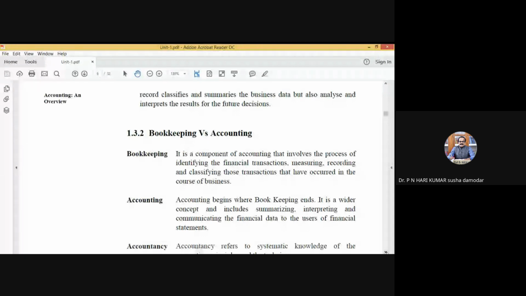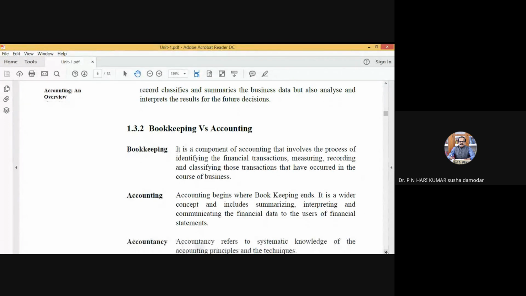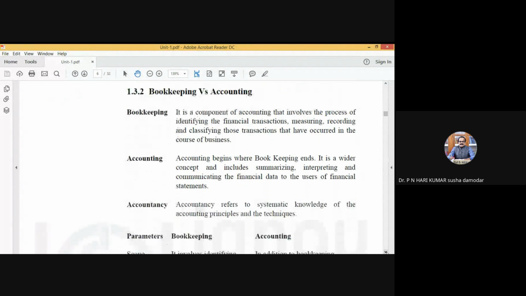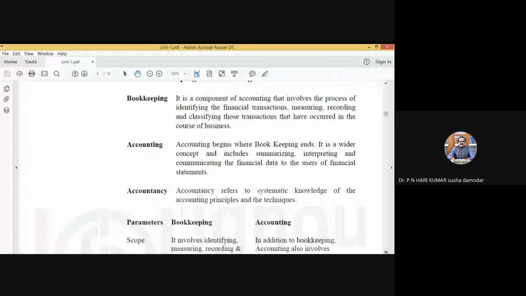This is bookkeeping. Whenever bookkeeping ends, the accounting system starts its functions, which include summarizing, interpreting, and communicating the financial data to users of financial statements. There must be a result of bookkeeping, and that is a function of accounting.